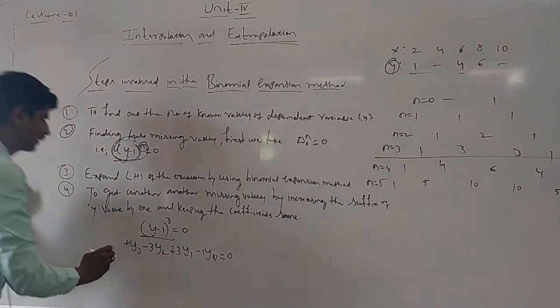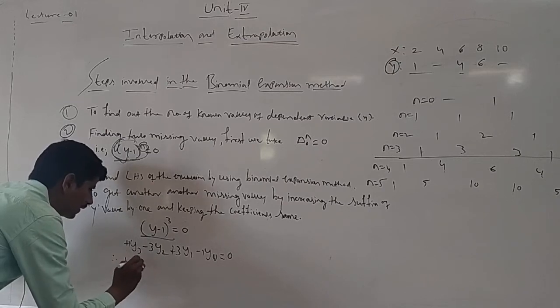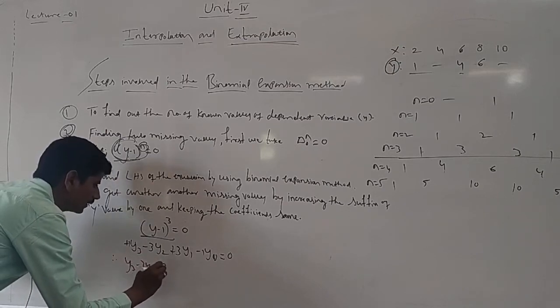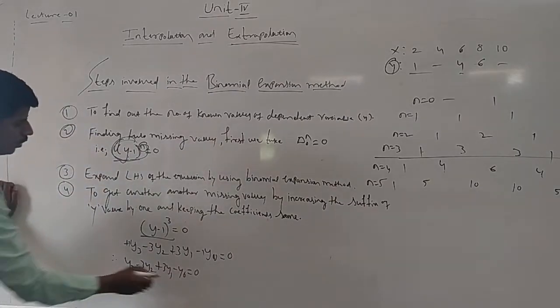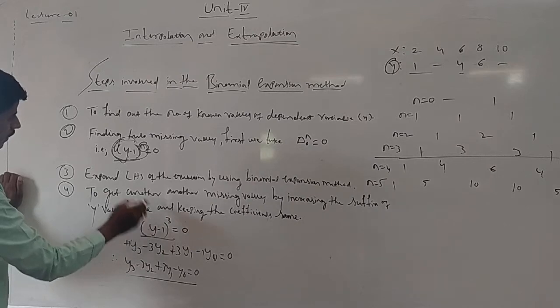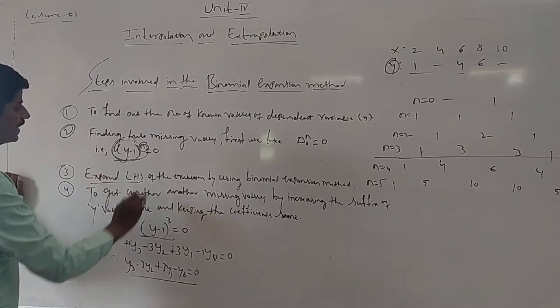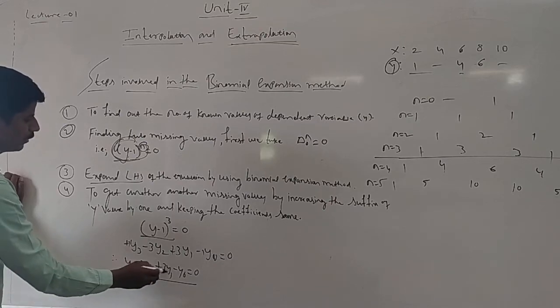Therefore y3 minus 3y2 plus 3y1 minus y0 equal to 0. It is the expansion, that is the LHS. Here it is the LHS equation of the binomial expansion method, that is y3 minus 3y2 plus 3y1 minus y0.